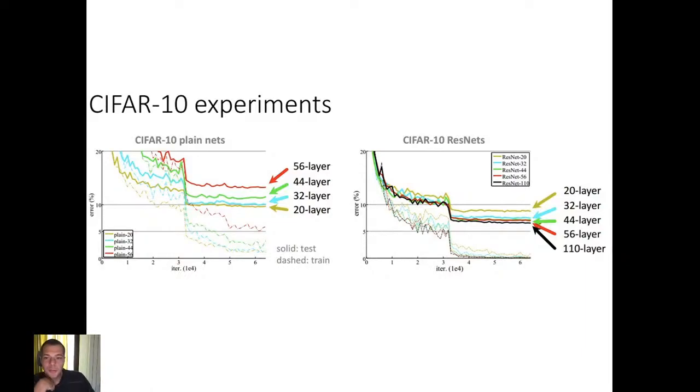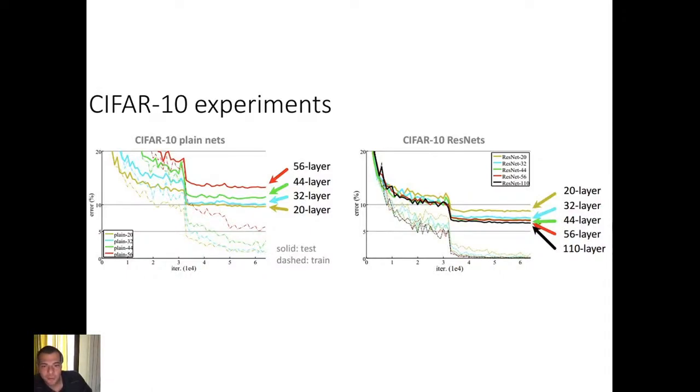Okay, so the main problem when you're trying to train such deep neural networks: if you look at the results on a standard benchmark dataset like CIFAR-10, you see that a 20-layer neural network attains a small error. So this is kind of the depth that you can reach with a classical convolutional architecture.